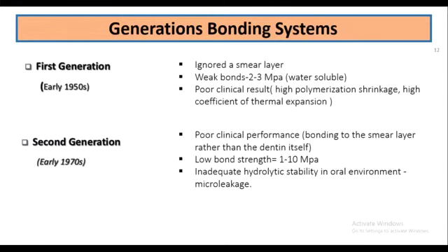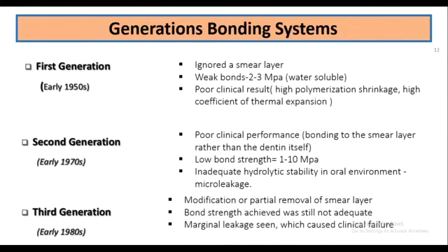In the second generation, they came about giving some sort of modification to the smear layer, in which the bond strength is approximately 1 to 10 megapascal, but there is inadequate hydrolytic stability in the oral environment, which will lead to microleakage. The third generation is basically the partial removal of the smear layer, and the bond strength achieved was still not adequate.